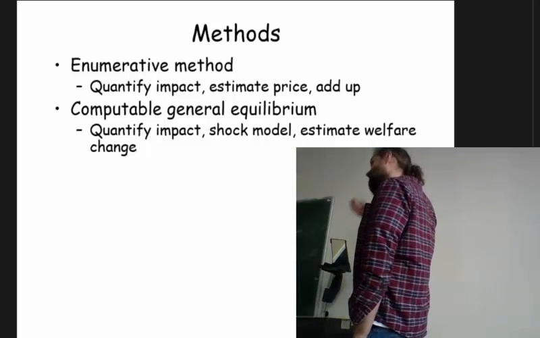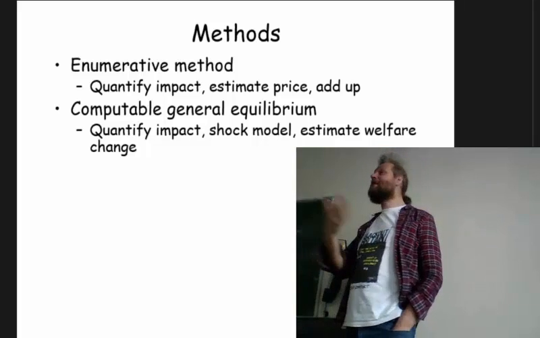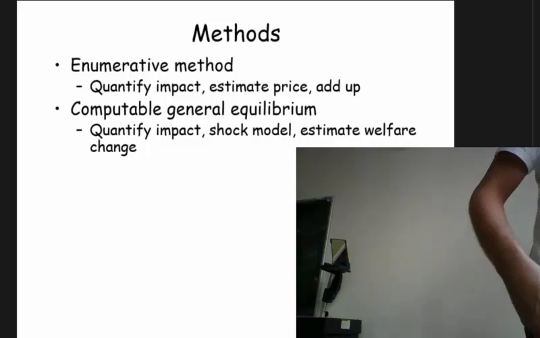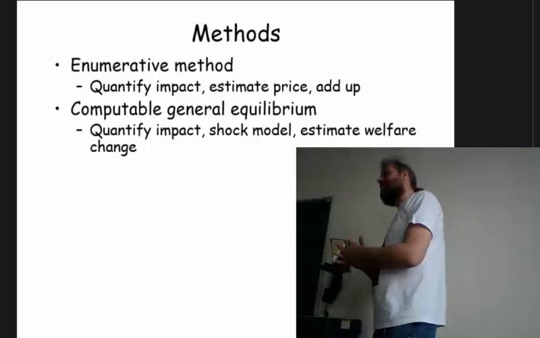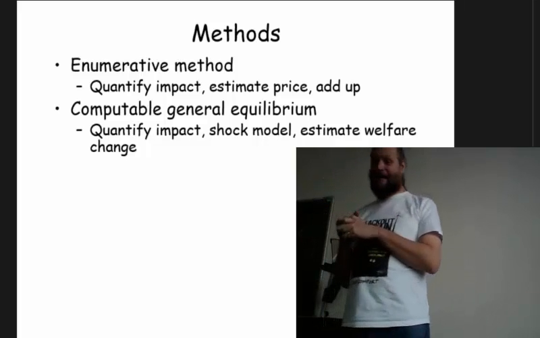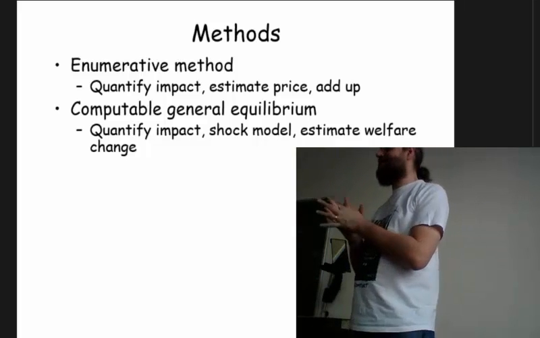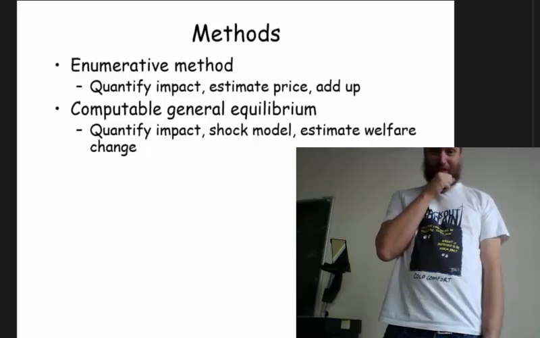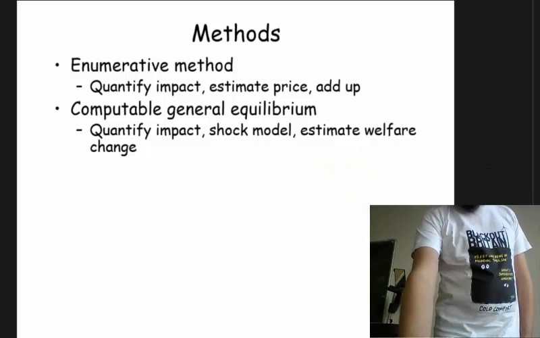These beautiful general equilibrium models at least have some sort of semblance of internal consistency there. Problem with computable general equilibrium models is, of course, that they're good at things that are traded and not so good at things that are not traded on markets, or in fact, they omit those things altogether. And there's a few studies that do this.